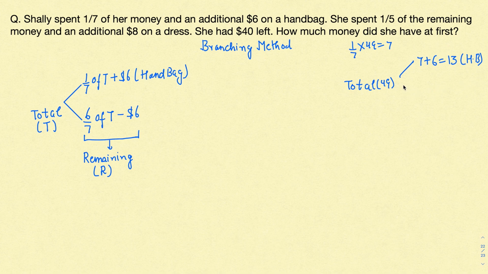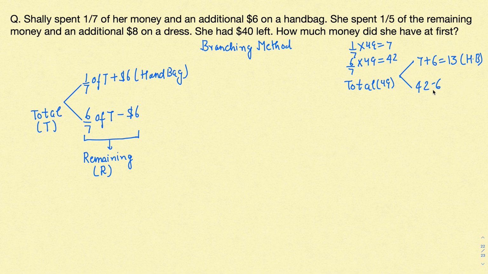Now how much will she be left with? Obviously she will be left with 6/7 of 49, which will give her 42. But here what should we write? We should be writing 42 minus 6, because it is 6/7 of total minus 6.